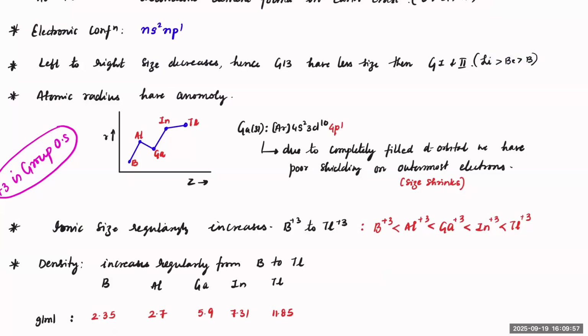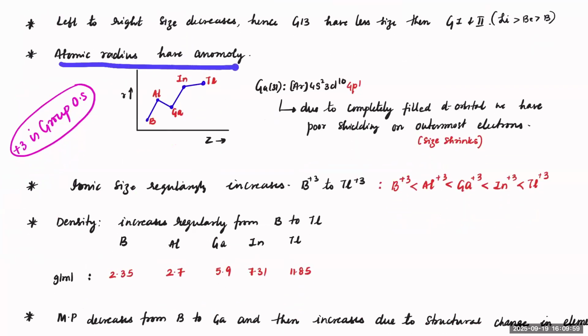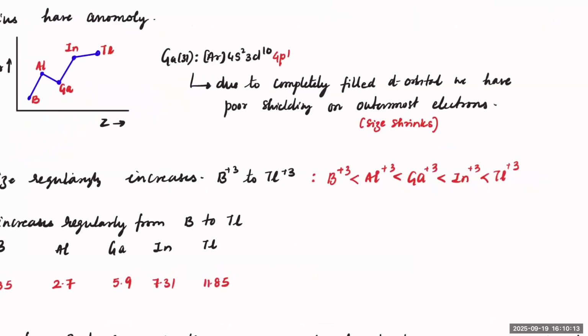While when you go down the group, there is an anomaly. Usually, we expect down the group the size should increase. But here, from boron to aluminium, it is increasing, but towards gallium, it is decreasing. See, gallium is a metalloid. It is 4s2 3d10, and then comes 4p1.